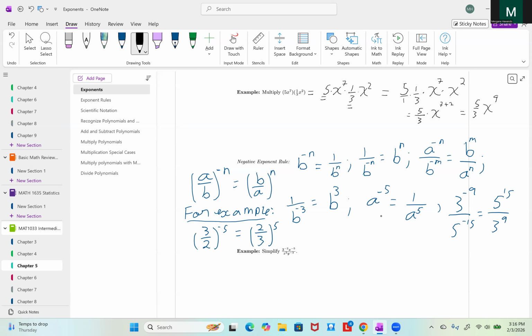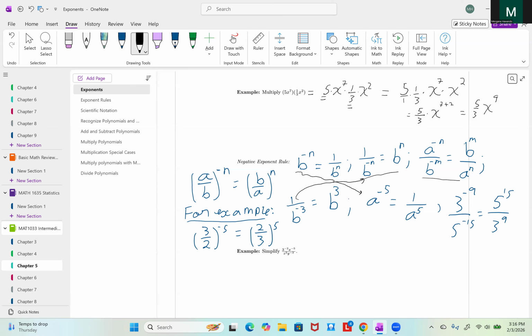For example, 1 over b to the power of -3 is equal to b to the power of 3. So that is for the first row here, and this is for the second row. For the first row, we have a to the power of -5 is equal to 1 over a to the 5th power.